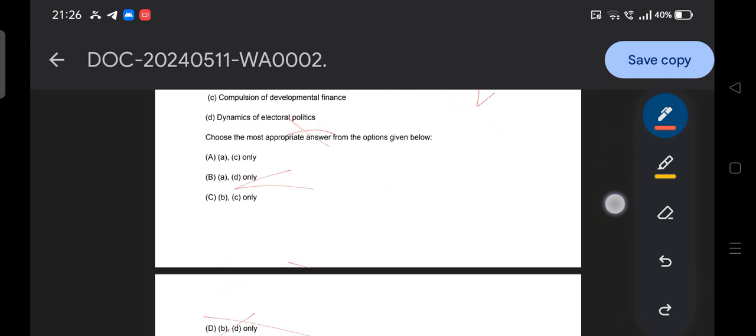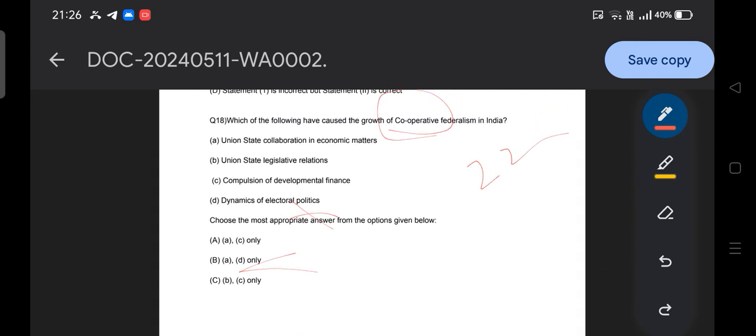Then what is the rest? Union state collaboration, the first, is correct. Then union state legislative relations are also a matter of threat to cooperative federalism, because, if you remember, there are different lists, the union list, state list and concurrent list, and there is always a conflict between the center and states claiming jurisdiction or competency.